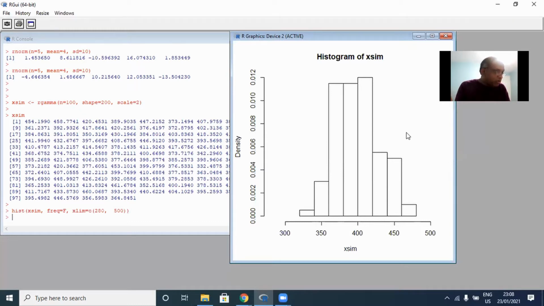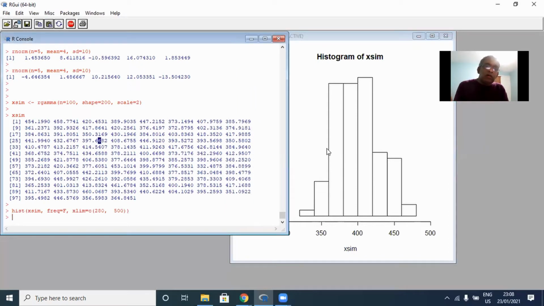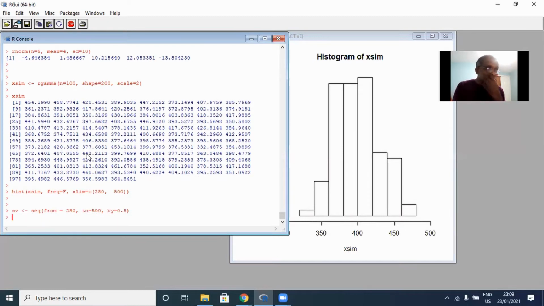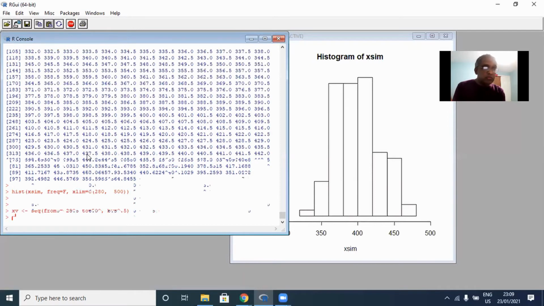Now, what I'm going to do is fit a PDF on top of it, and I'll show you how to do that. The first thing to do is to generate a set of x values, which I call xv, from 280 to 500, in steps of 0.5. So these are the xv values.